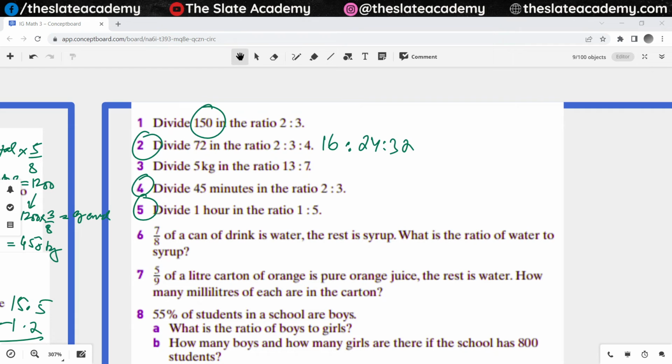Quickly, your answers. If you've got it, then do question 6. Then do 7. 4 and 5 done, then do question 6 and 7. You tell me.